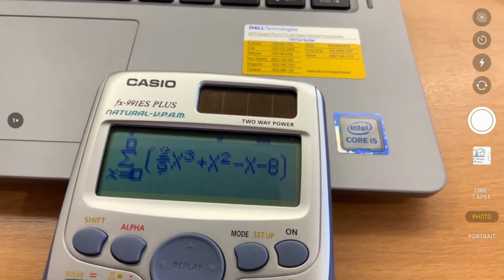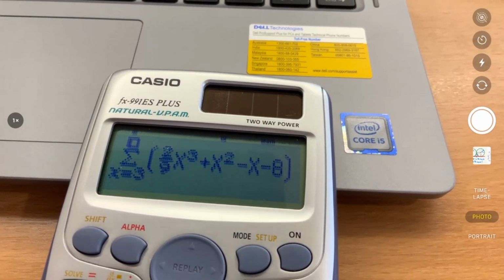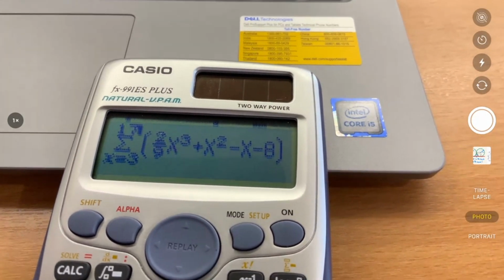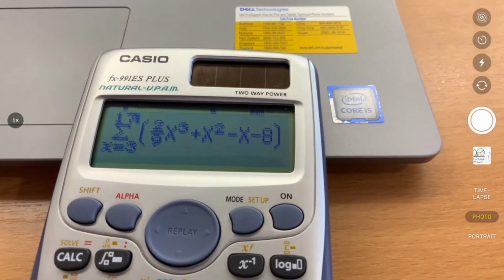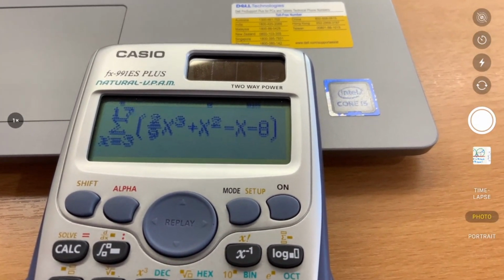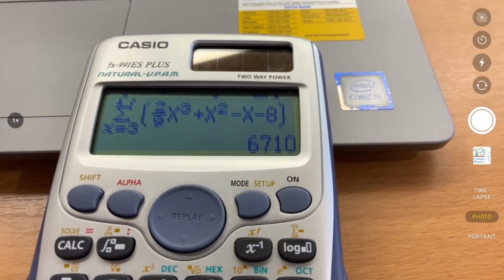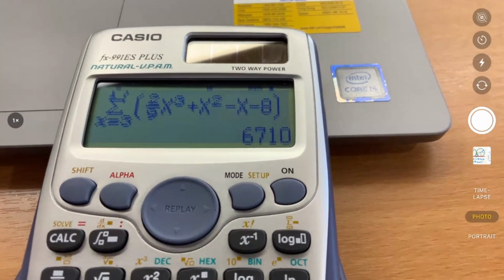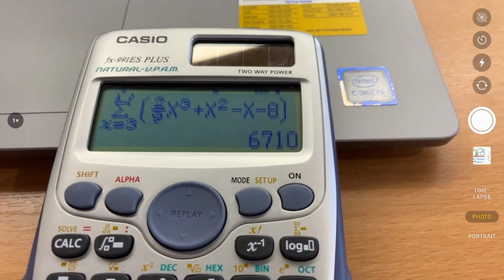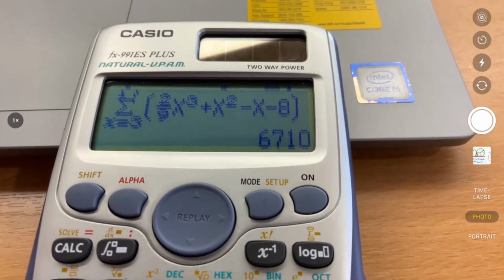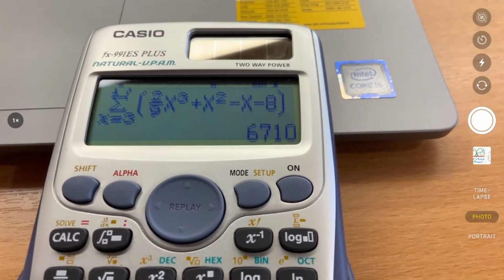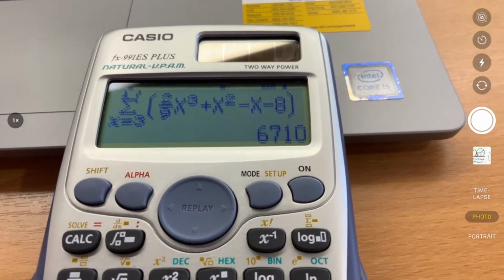And we have to check this between 3 and 17. The answer we're hoping for is 6,710. That must be the answer if the 2/9 is correct. There we go, 6,710. So that now confirms that our answer of 2/9 for k was correct. And we would now move on to the next question, knowing that we've got all the points there.